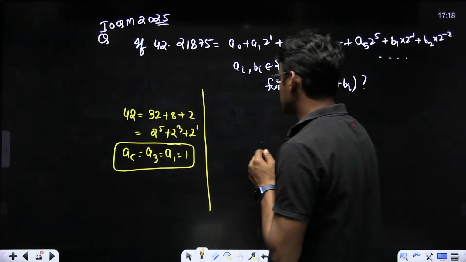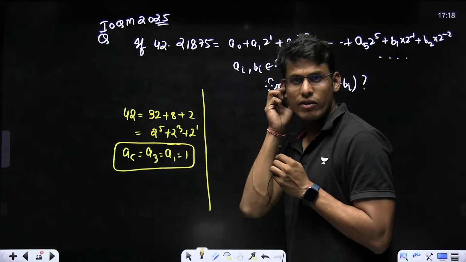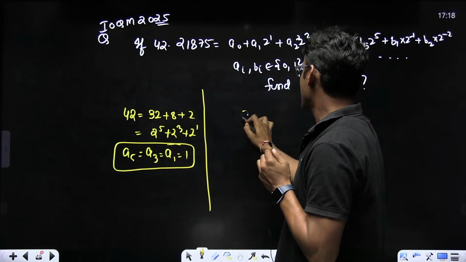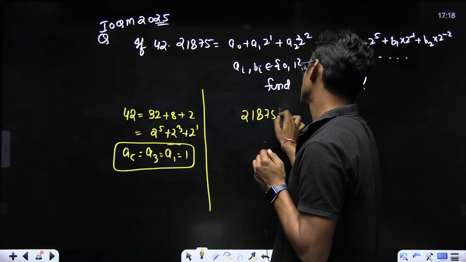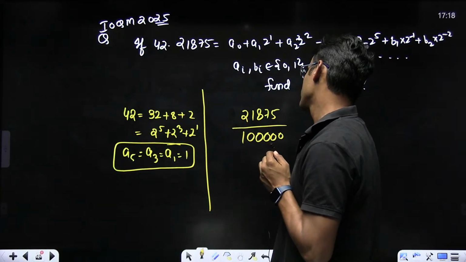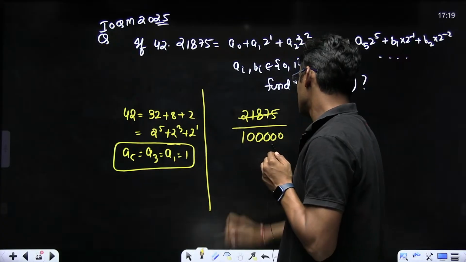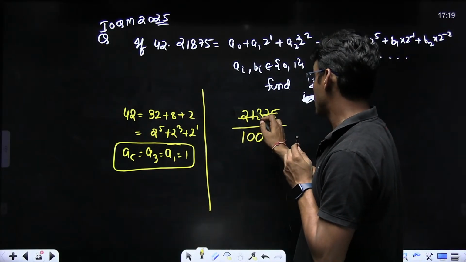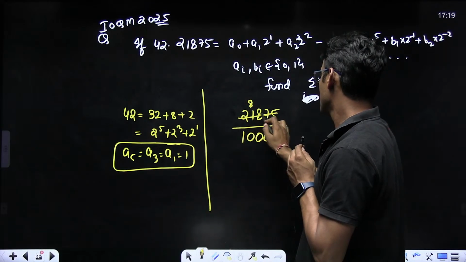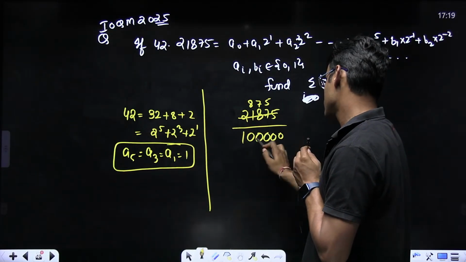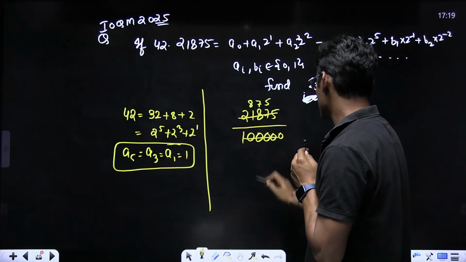Now, what about 0.21875? No worries. Let me write it as a fraction. Let me cut it using the power table of 25. 125 is 5 to the power 3.